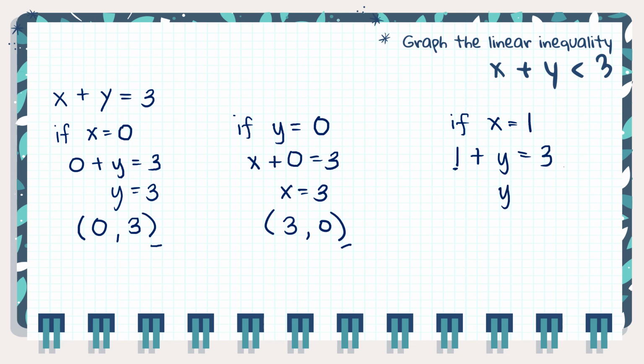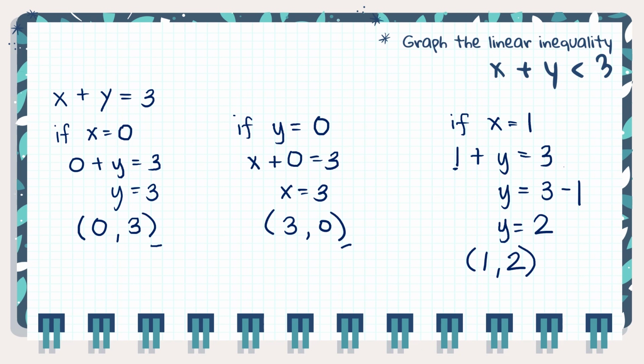So we have y is equal to 3 minus 1. To apply the APE, once again, we have to add the negative inverse to both sides of the equation. So we have 3 minus 1, which is 2. Correct. So therefore, our third point is 1, 2.